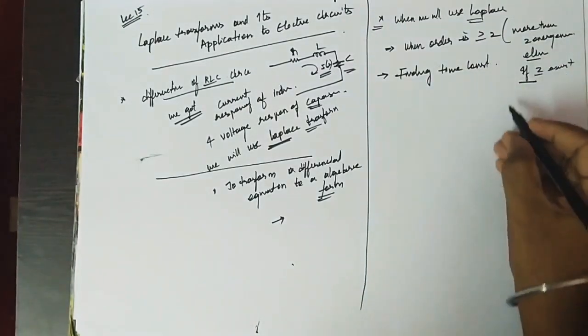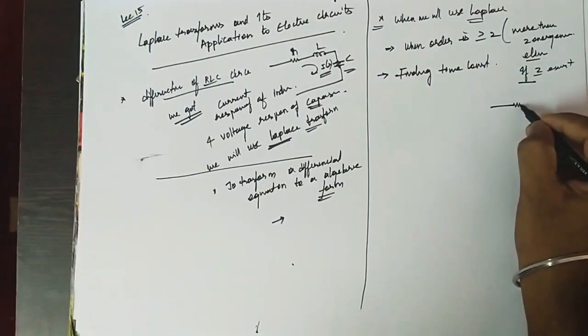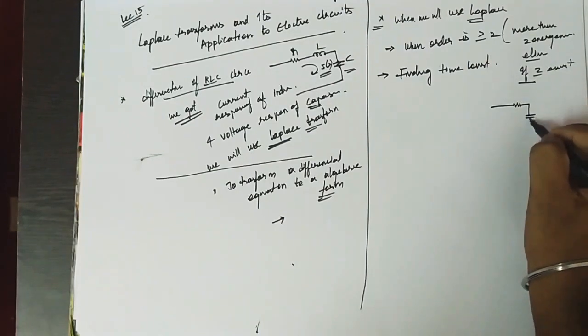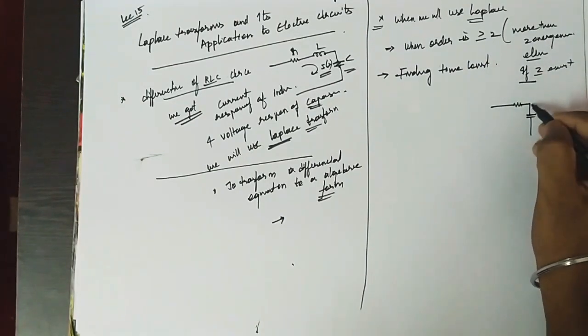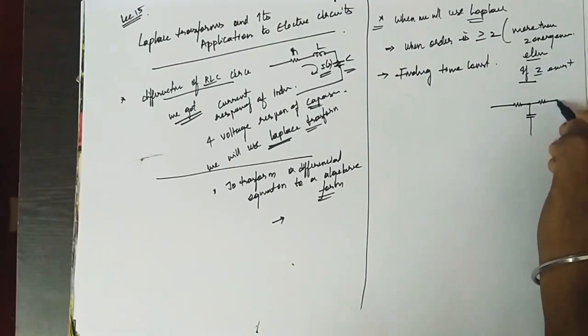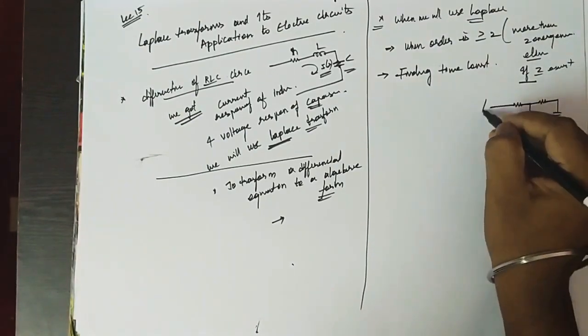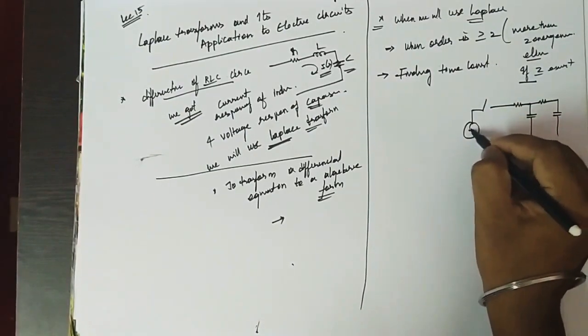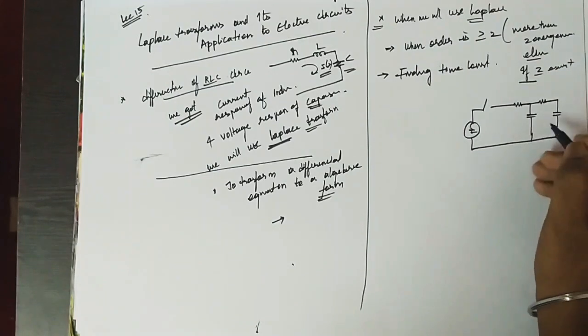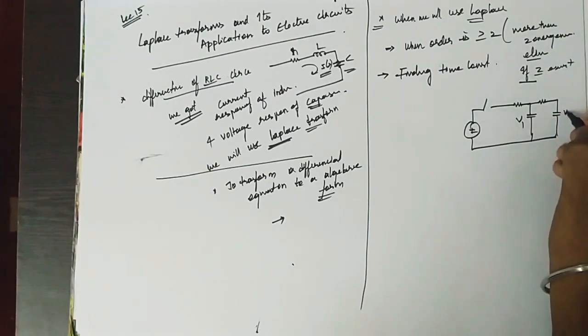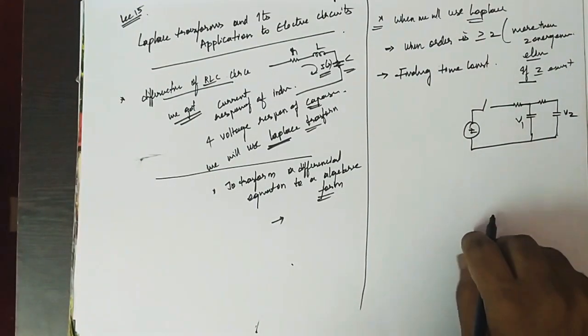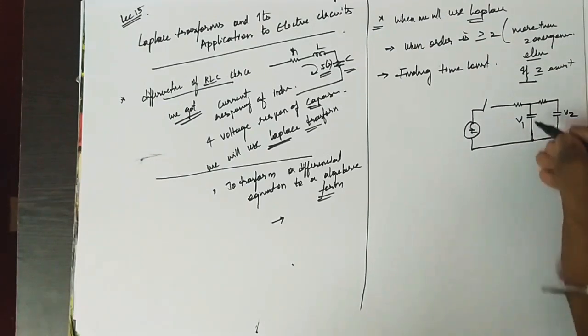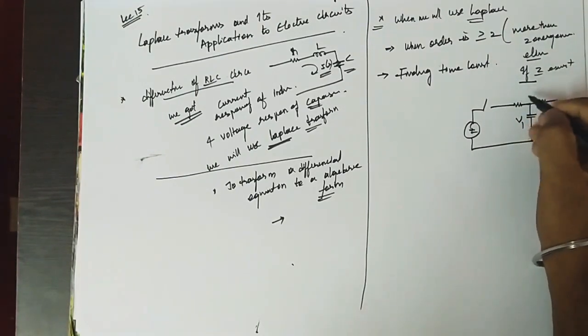So in a few sums, for example, let us take this one circuit. I asked you to find the voltage responses V1 and V2. So this is a second order circuit, since you have to find time constants here.